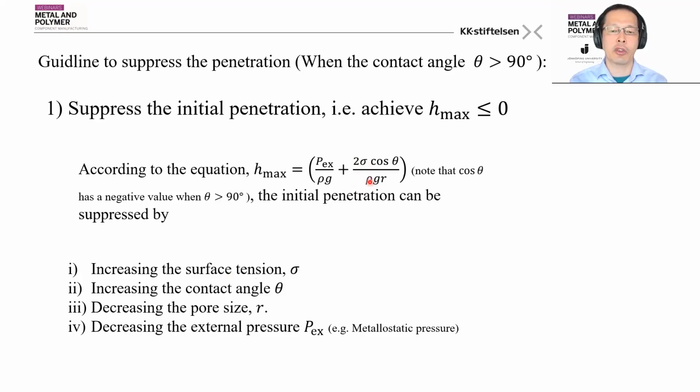We can try to increase the contact angle theta so that this term becomes larger to the negative side. Or we can try to decrease the pore size R. And in this term, we can try to decrease the external pressure, such as metallostatic pressure. Then metal penetration will be suppressed.